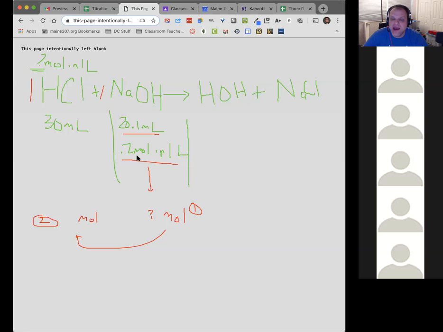Less than? Yeah, it's definitely less than 1,000 because we're pouring out just a small portion of it. So if I tell you that there's 0.2 moles in 1 liter, and I know that this is way less than 1 liter, I should expect that there's way less than 0.2 moles.